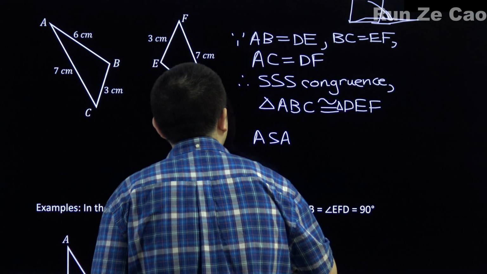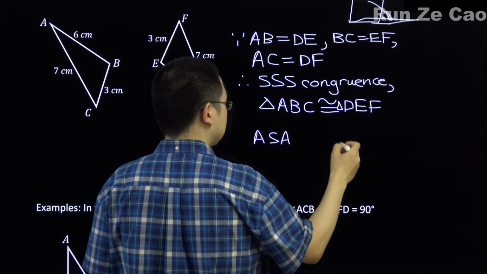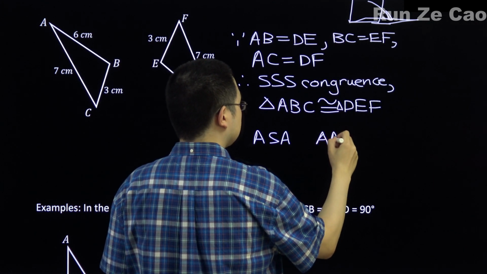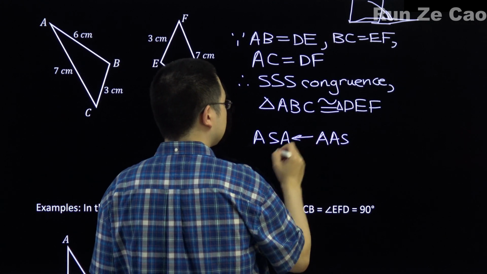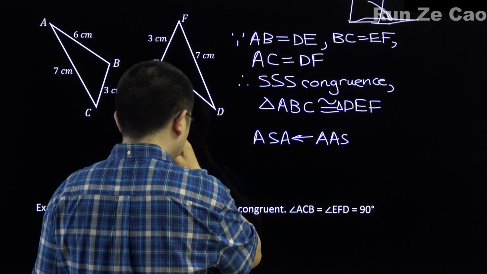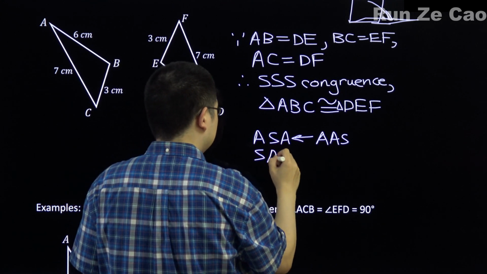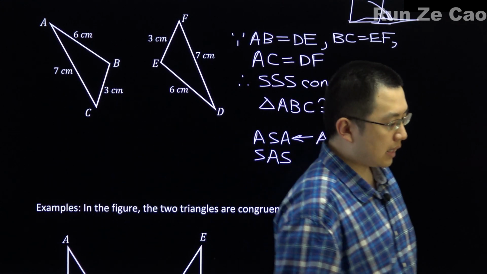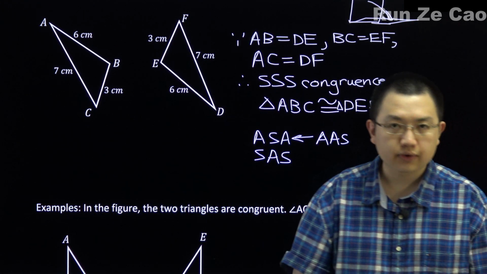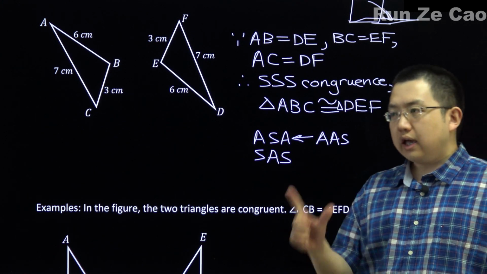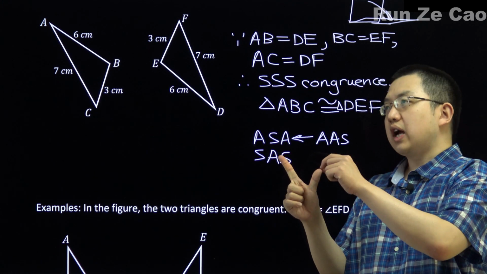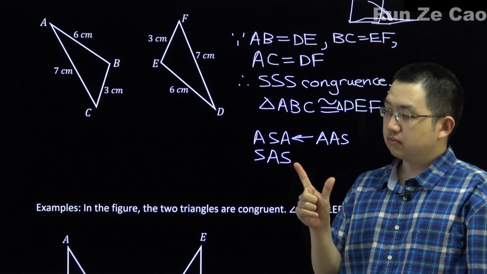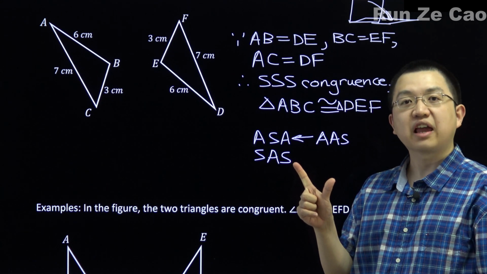You can also have angle, side, angle. And yeah, angle, angle, side is part of this. You can also have side, angle, side. Side, angle, side congruence is a matter of, okay, let's say we have a fixed angle here and we got two sticks sticking out of fixed length.